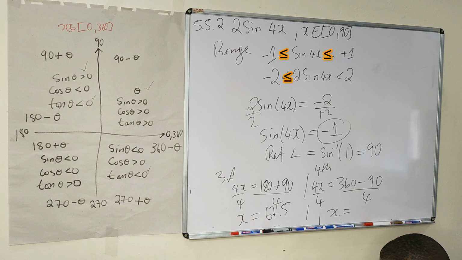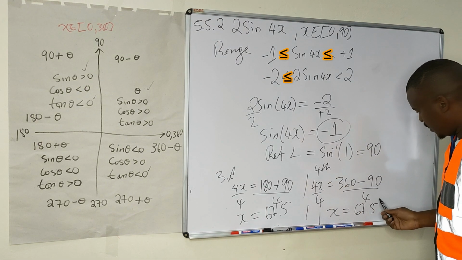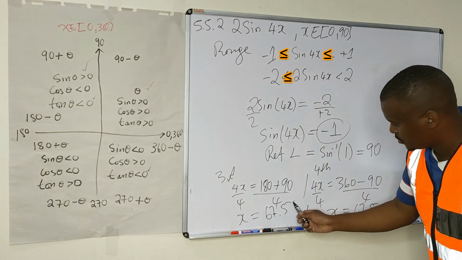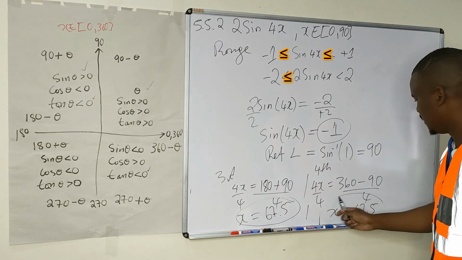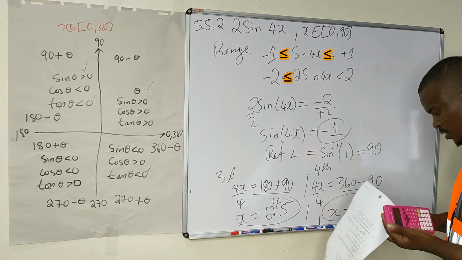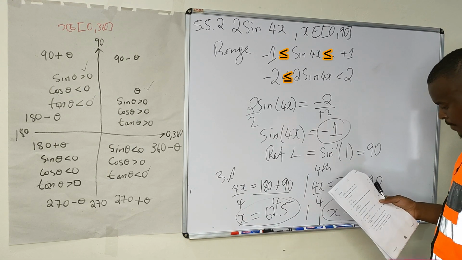So it's 360 minus 90, right, divided by 4, which is 67.5 as well. So it's obvious that our x value is this one, 67.5, same thing. So that's how you do this thing. And you're done with it.